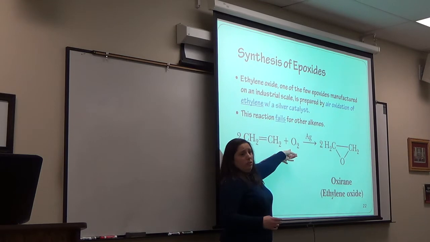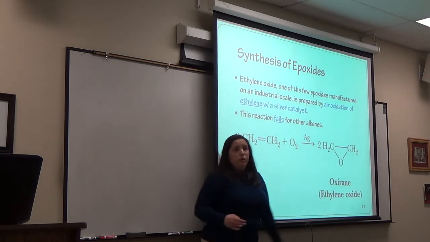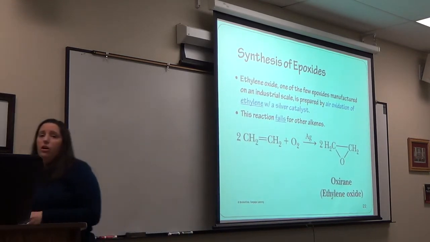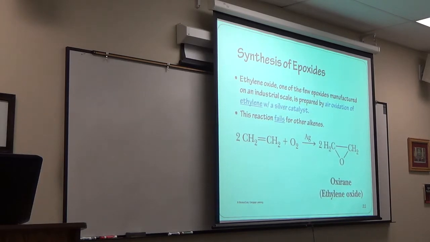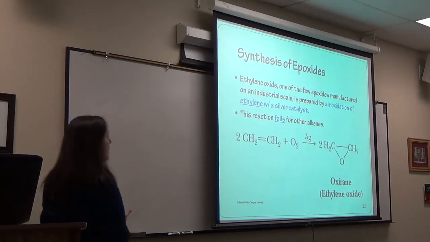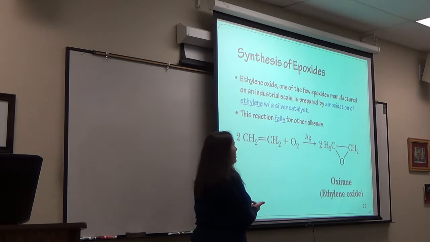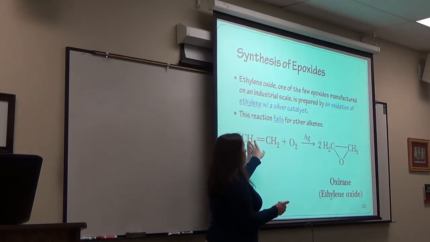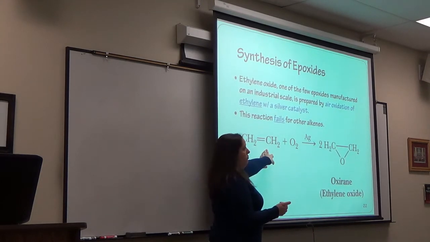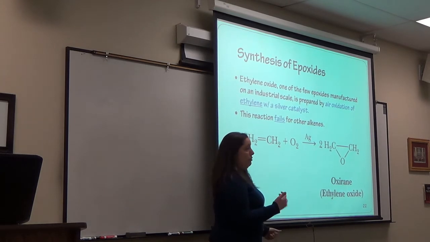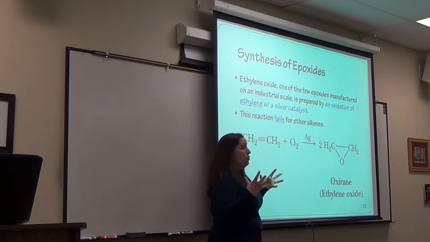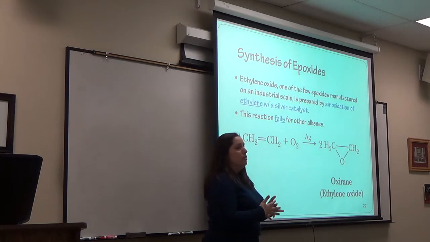Because you have 2 oxygens, right? So there's a potential of making 2 of these epoxides. Now this is again just to make the oxirane, so it only works for the ethene, fails for all other alkenes. So if you want to make a substituted epoxide, you have to use a different method.